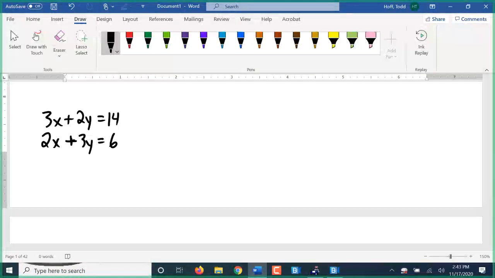But let's look at how we could solve something like this algebraically. It's not y equals like all the other system was, so I can't just put the two equations together. What we need to do is pick a variable to solve for.